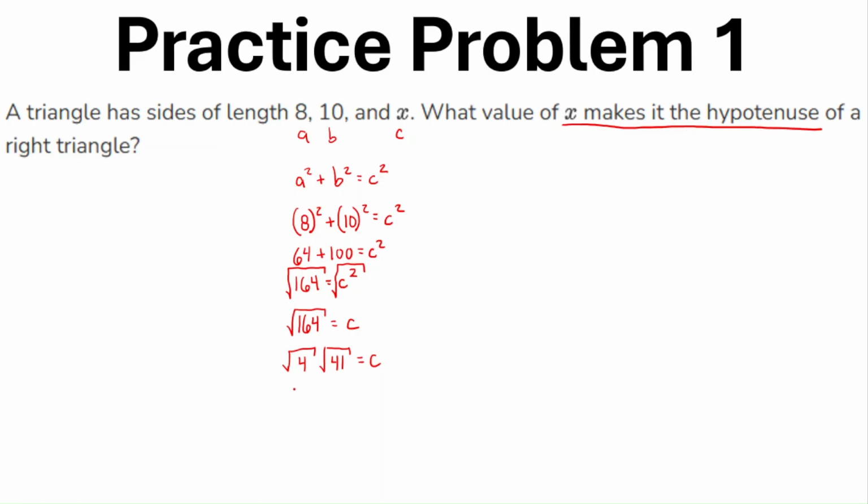Now the square root of 4 is 2. So my simplified answer is that 2 times the square root of 41 is going to be the length of x that makes it the hypotenuse.